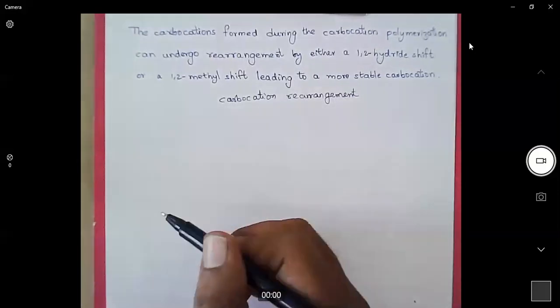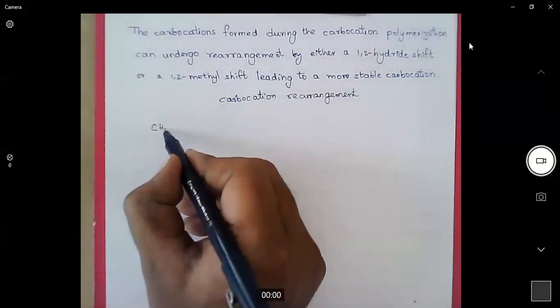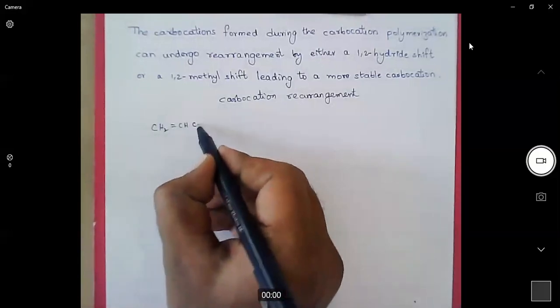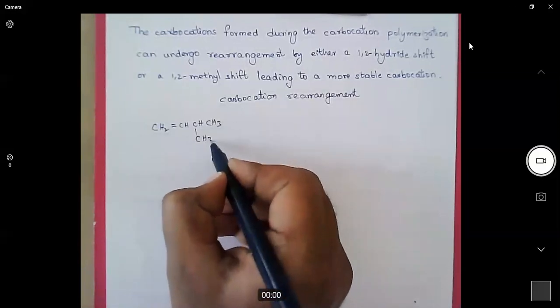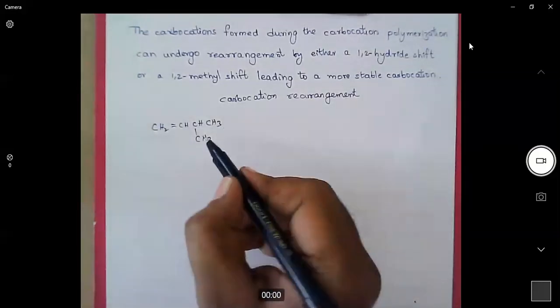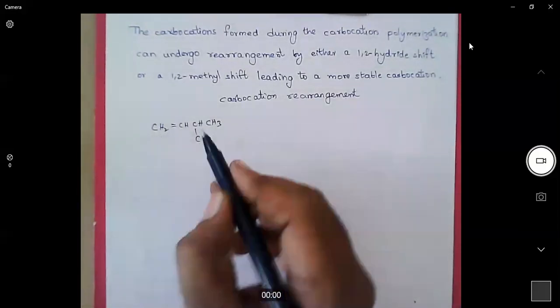Carbocation rearrangement is a well-known process. For example, take this alkene. This is 3-methyl-1-butene.